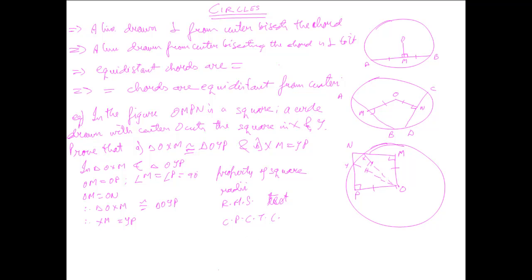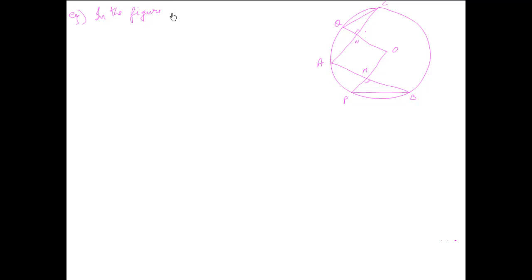Let's see an example, children, to elaborate this. Question says, children, in the figure, O is the center of circle. AB and CD are chords of circle such that AB is equal to AC, OP perpendicular to AB and OQ perpendicular to AC.